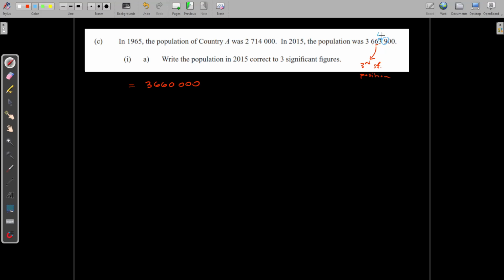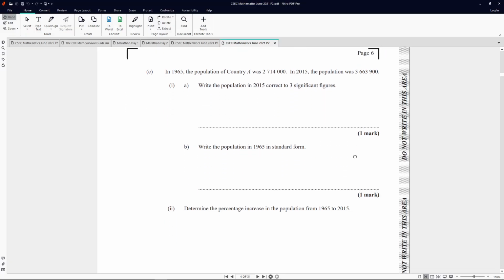So that means this would have to be rounded up to 4, and then everything else is just 0. So that's how we approach significant figures. Alright, so a pretty easy mark right there.